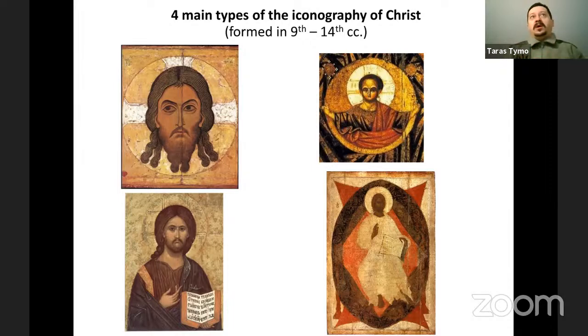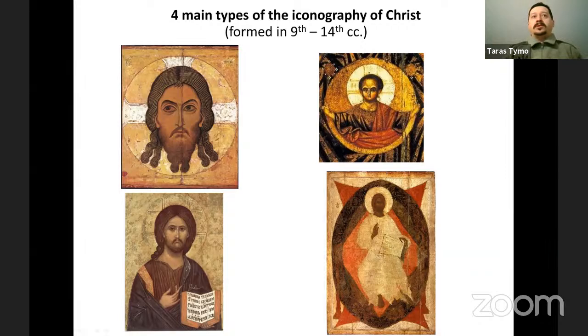And you can see four pretty random presentations of those types. The presentation of the Holy Face will be the first and probably most fundamental, although not the most widespread, representation of Christ, and we will see why it has this kind of place of privilege in Christian tradition.